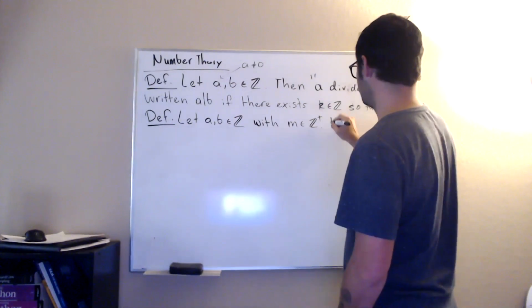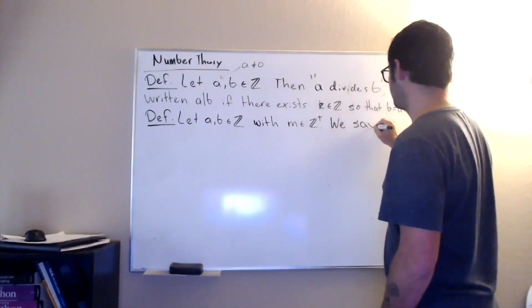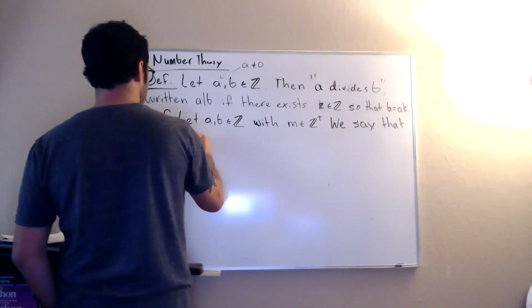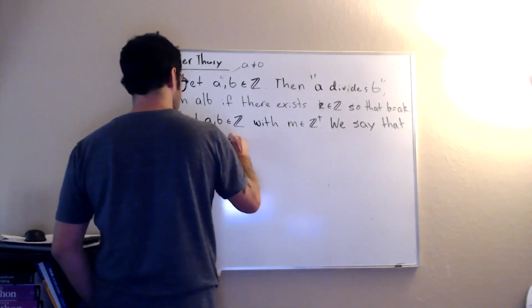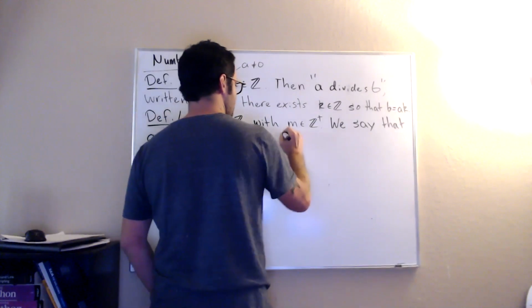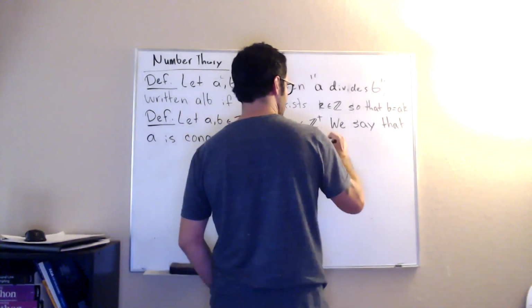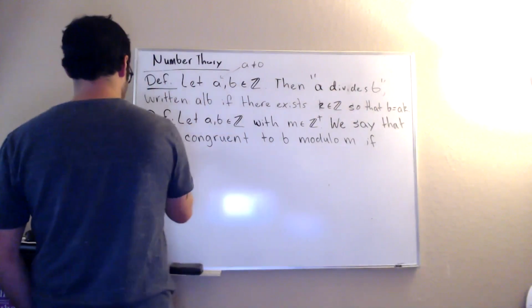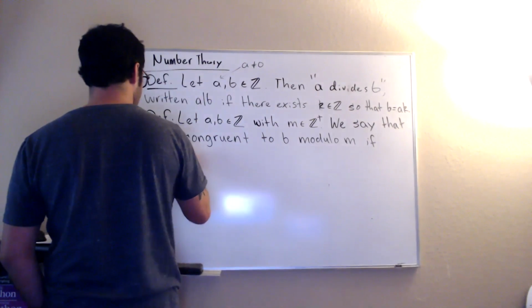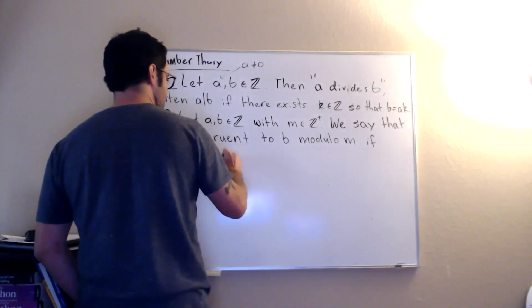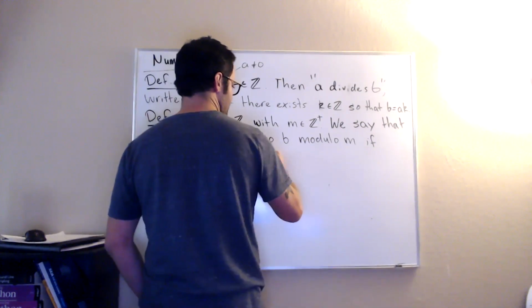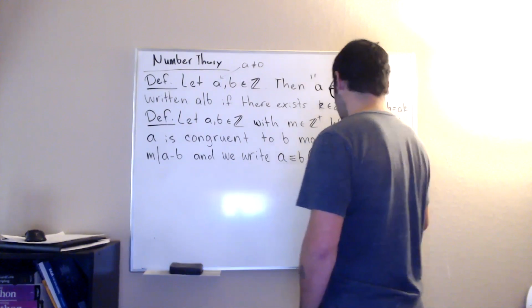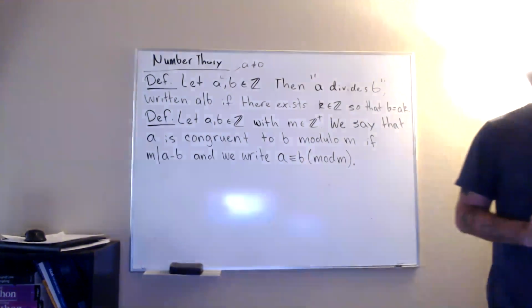Okay, so then we say that A is congruent to B modulo M if M divides A minus B. And we write A congruent to B mod M.